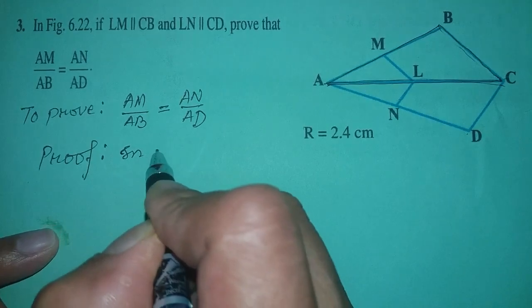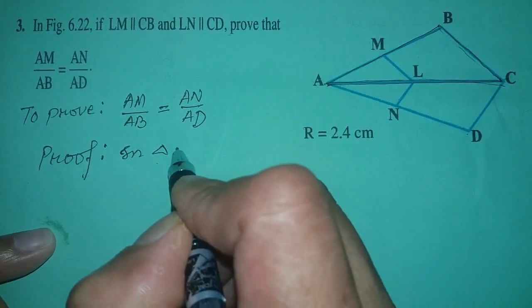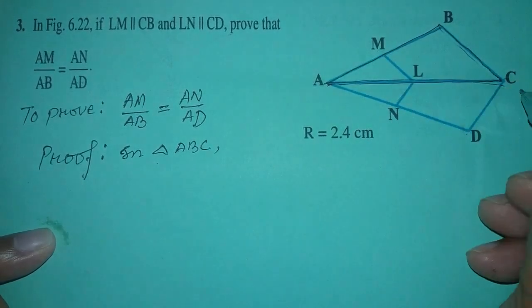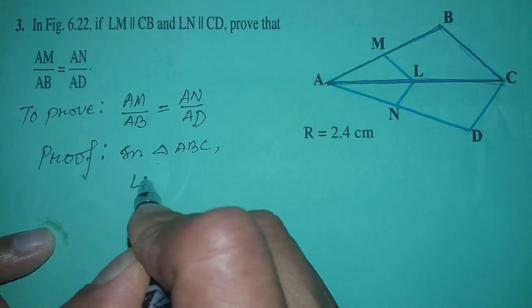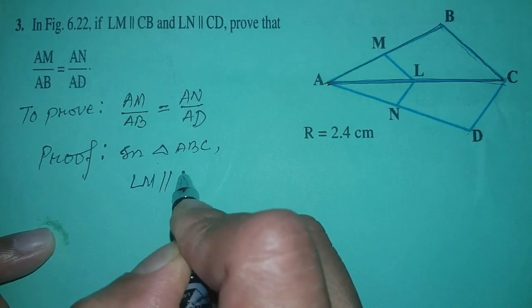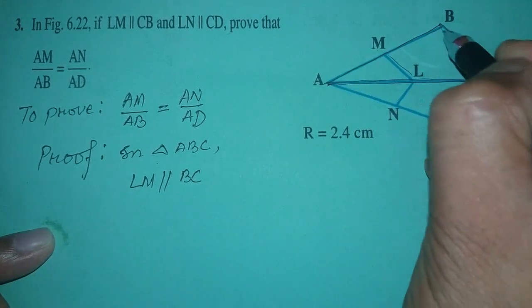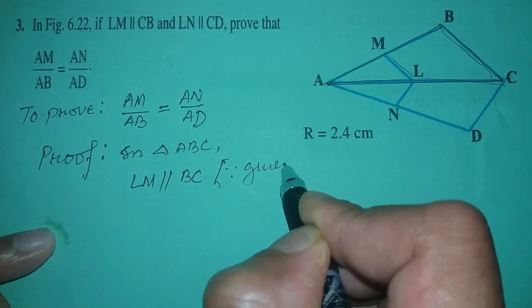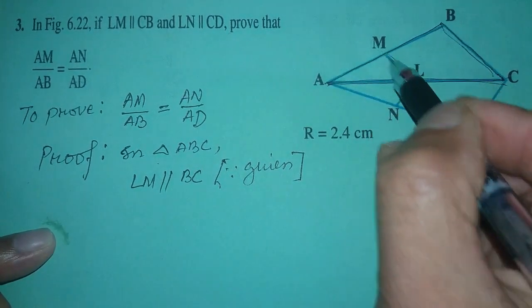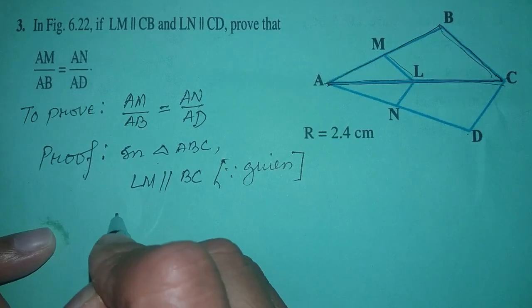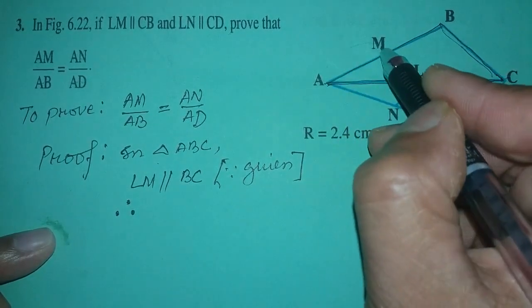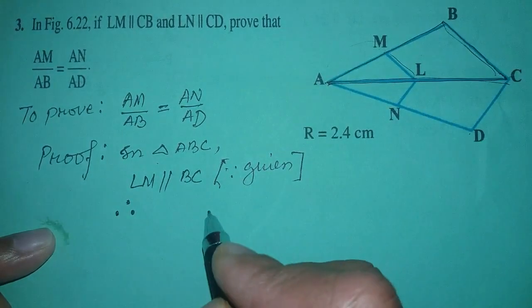Now let's consider this first triangle, triangle ABC. In triangle ABC, LM is parallel to BC. These two lines are parallel, so this is given in the question. Now since these two lines are parallel, here we will get AM by AB.